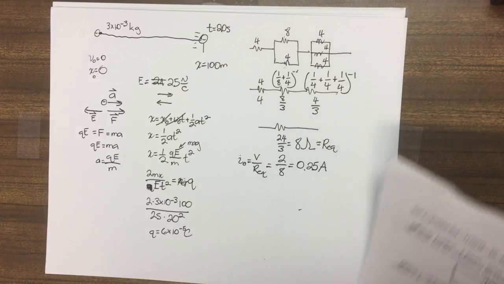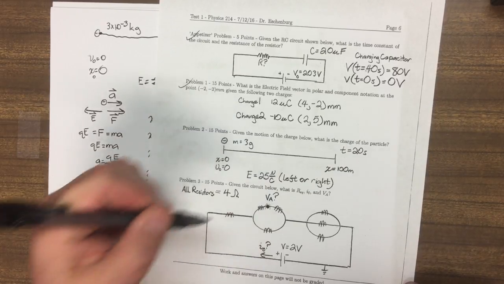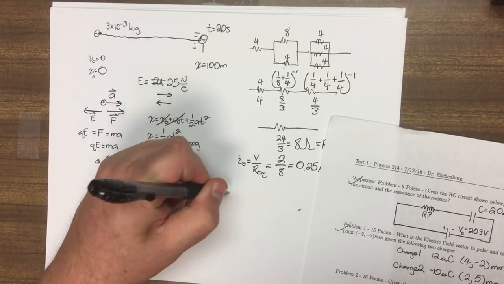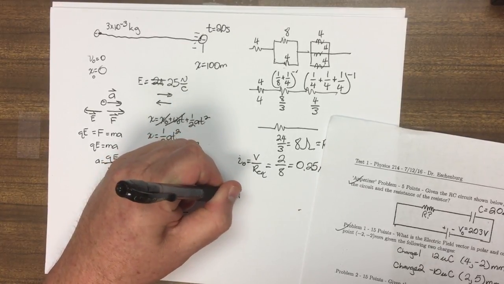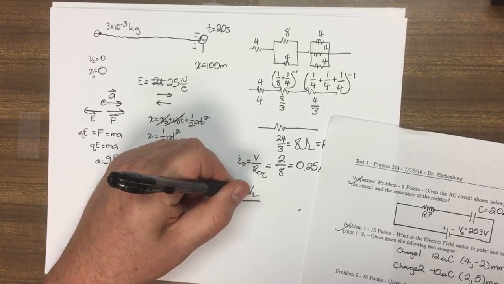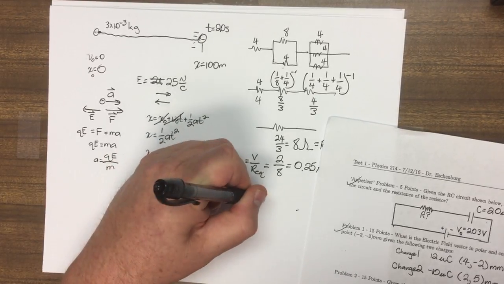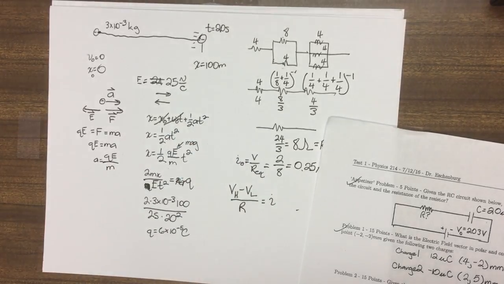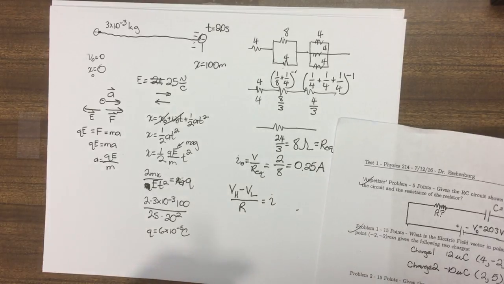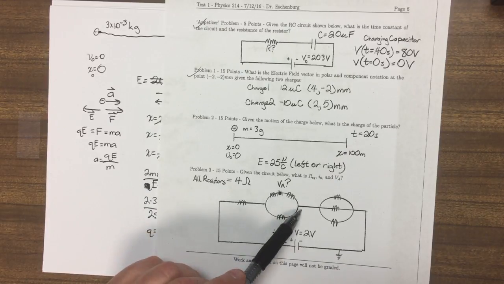Now, the last part is to find the potential at this point, which I will call VA. With this particular problem, you need to have 3 of 4 quantities: the high potential at a resistor, the low potential at a resistor, the resistance of that resistor, or the current across the resistor. If you know 3 of the 4, you're good to go. In this case, I don't know that potential.